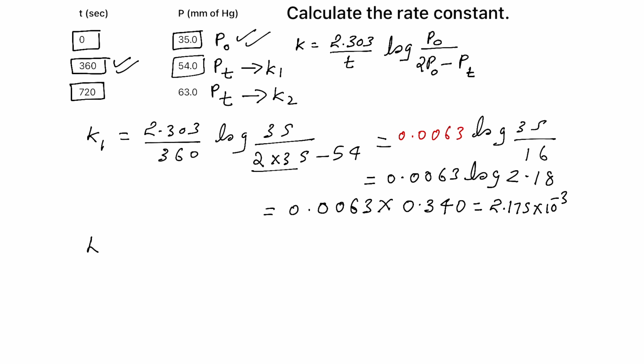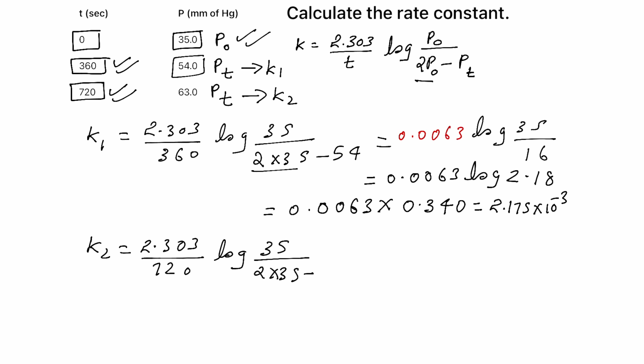K2 is equal to 2.303 by, what is the time? 720, log. See, the P0 value is 35. It will never change. By 2 times 35, right? 2P0 minus, what is the Pt value? The Pt value is 63, right?